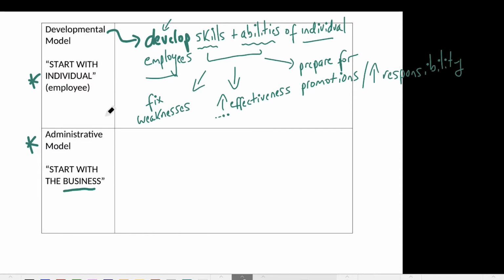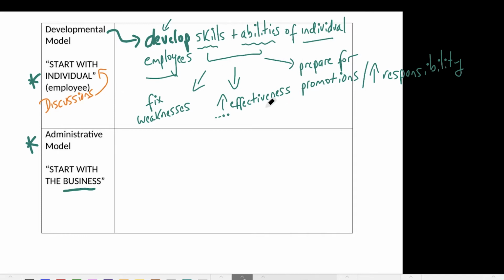So the origin for this is that with the developmental model, we are sitting down and having discussions with the individual. This could be yearly, this could be quarterly, this could be more often.